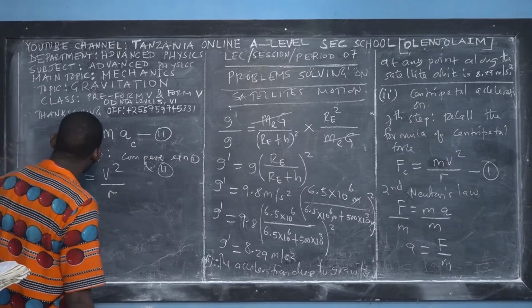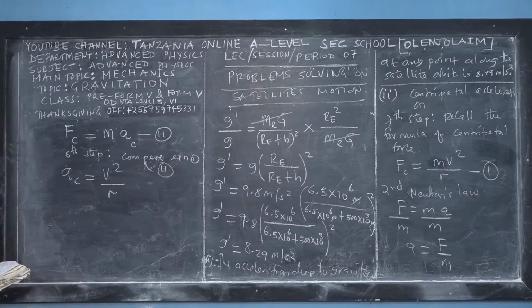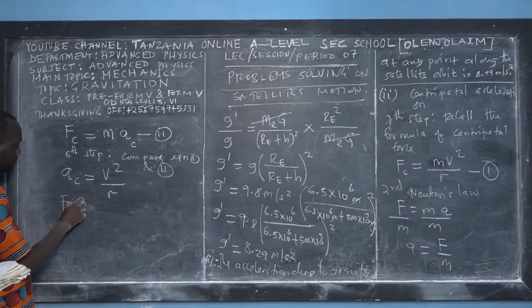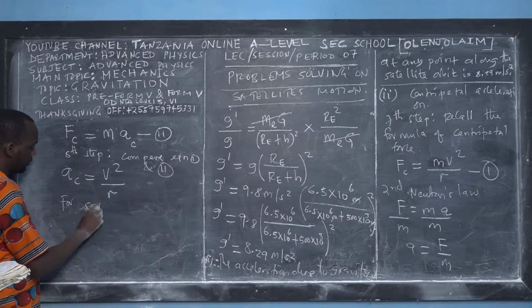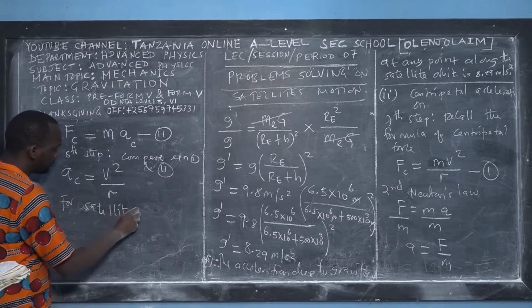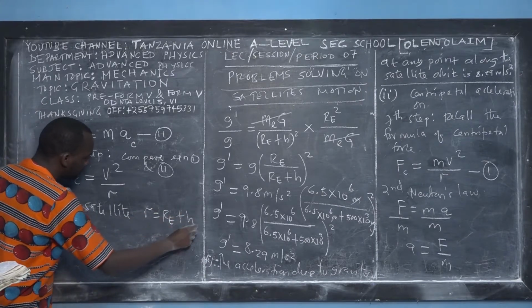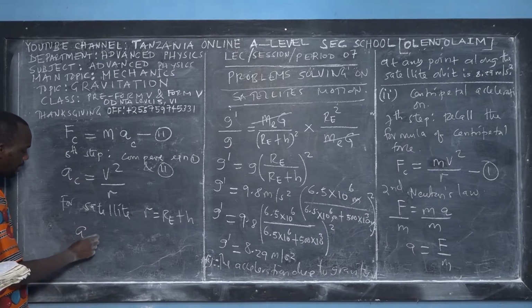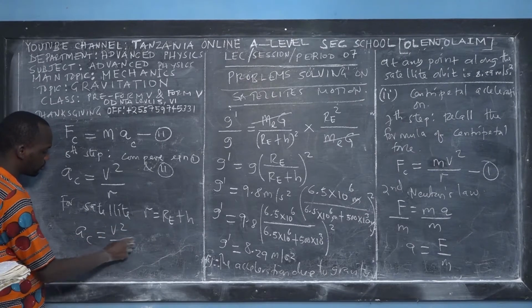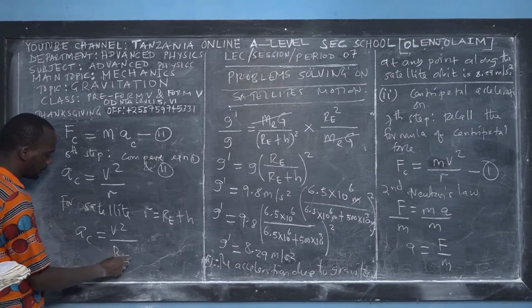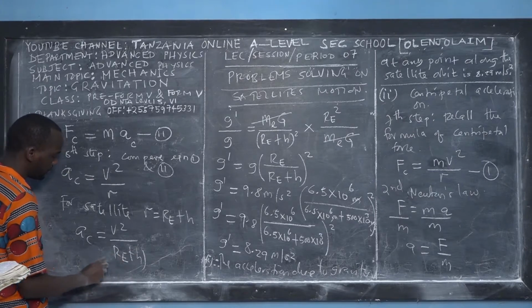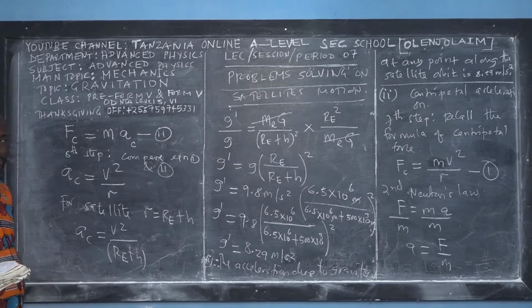So if this is the square of the velocity over the radius, then for the satellites we've been talking about, r is equal to the radius of the Earth plus the height h. So the centripetal acceleration is equal to velocity square over the radius plus the height h. This is what you've been looking for.